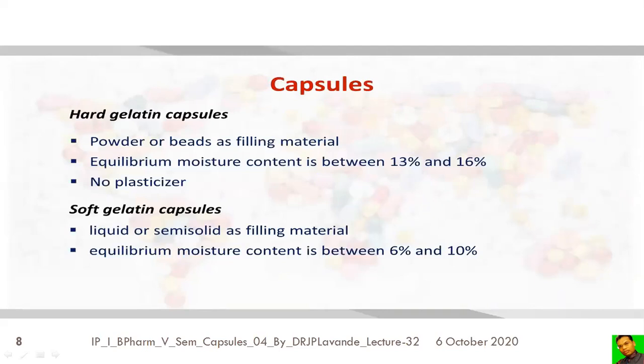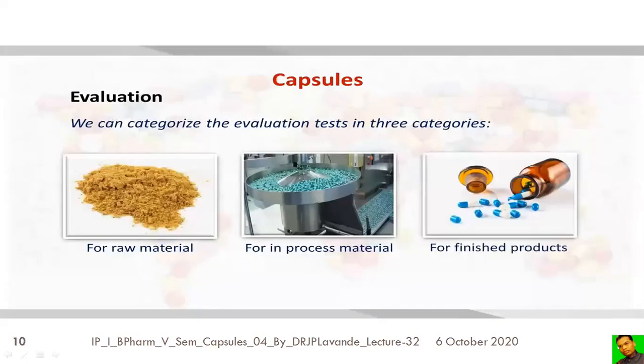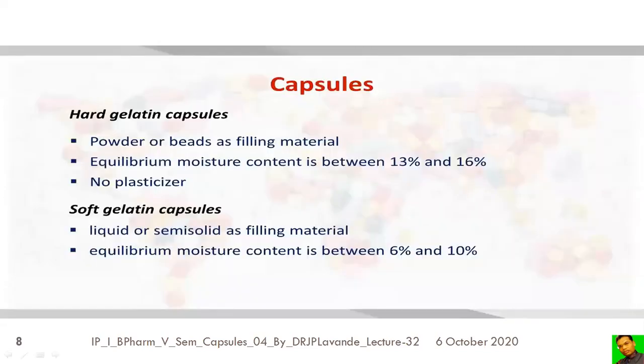Basically, we had divided the capsules into hard gelatin capsules and soft gelatin capsules. In order to understand the basic differences between them: the hard gelatin capsules, because of the name itself, have a hard shell, while soft gelatin capsules have a soft shell.